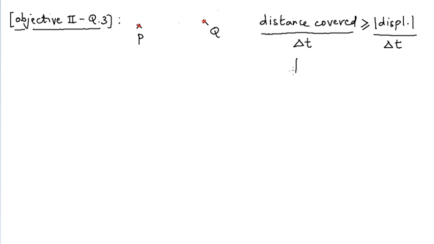Now the left hand side becomes the average speed of the particle, and on the other hand the right hand side can be written as the modulus of the displacement. I can take the delta t term inside the mod sign because I know it's not negative, and I also know it's not 0.